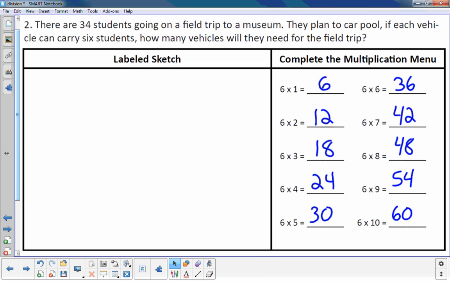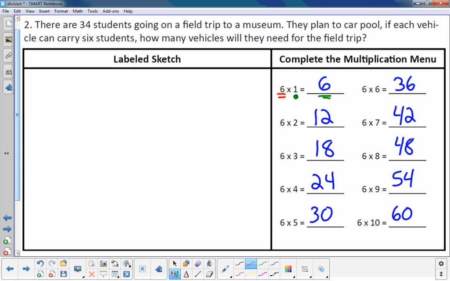And you have to think about what those numbers represent. The 6 is the number of students that can fit in a car. So the number on the left represents the 6 students. So if 6 students are in one car, there's a total of 6 students.